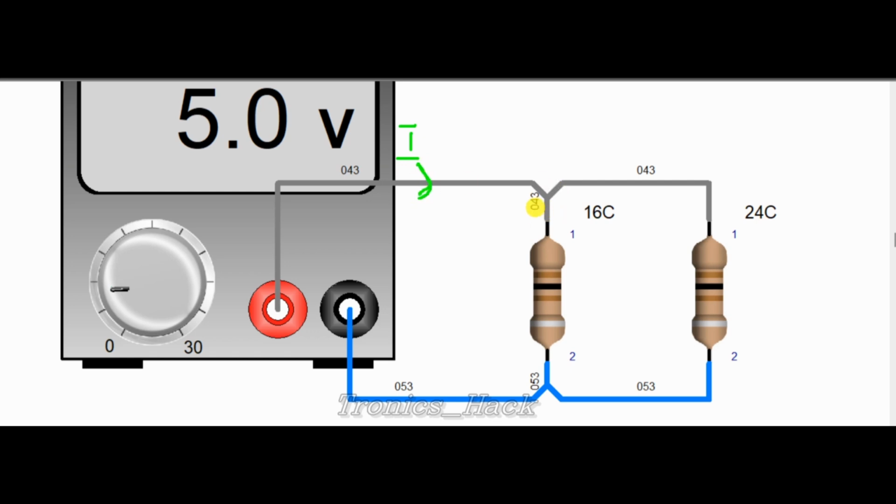When it reaches that place, it divides into I1 and I2. It divides, comes there and goes there, and after this one we go there, and this one we come there, and they will meet again.